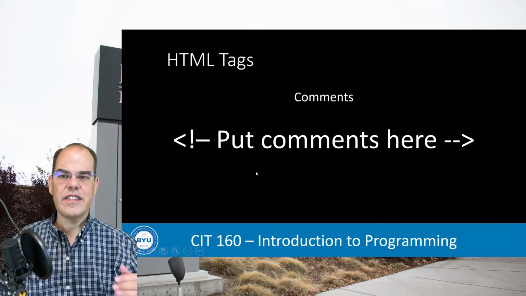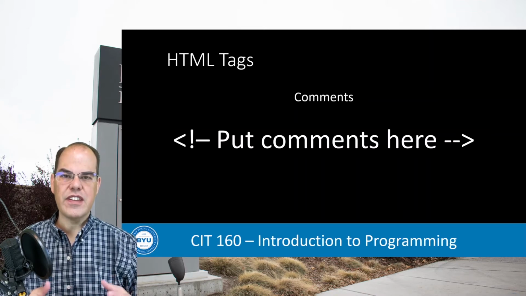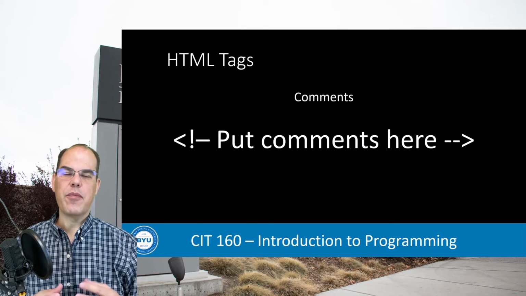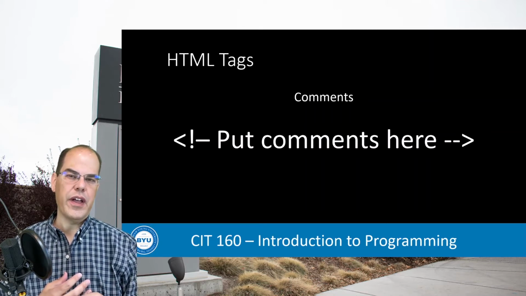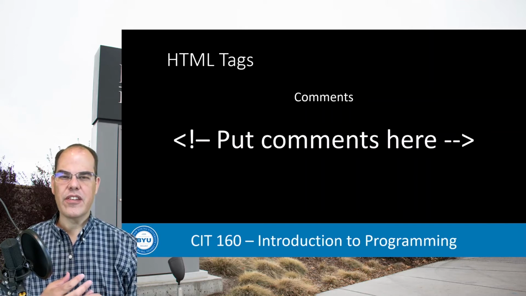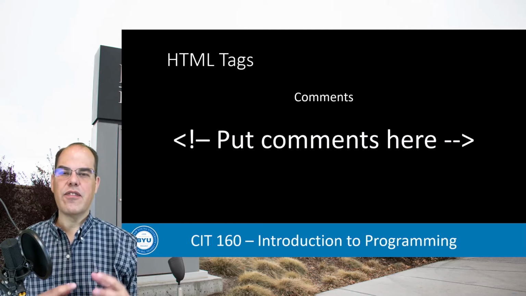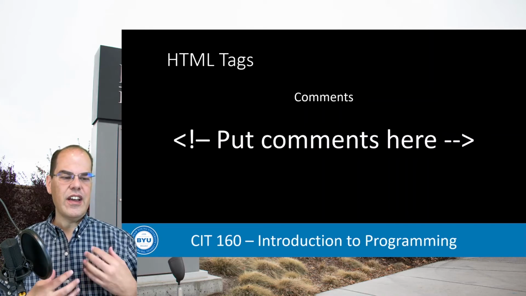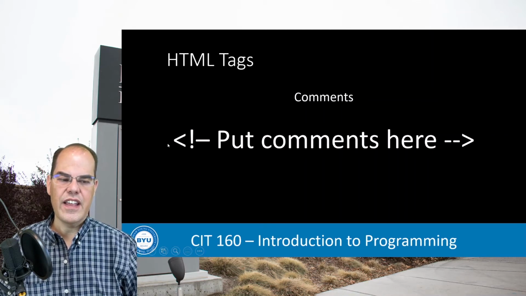HTML is a way to display information and how the information is displayed. All right. Now, sometimes you'll want to put information into a document that you don't necessarily want displayed. And we call those comments because they're just for you or anybody looking at the code underneath, but it's not to be displayed as part of the web page. All right. And so in order to do a comment, you have a special tag that has the less than exclamation mark.